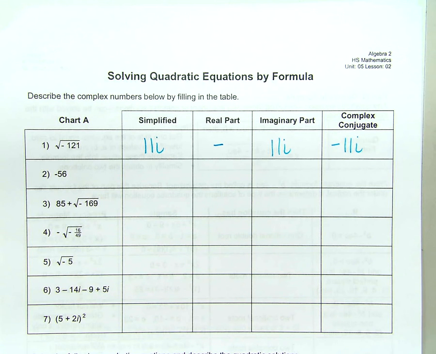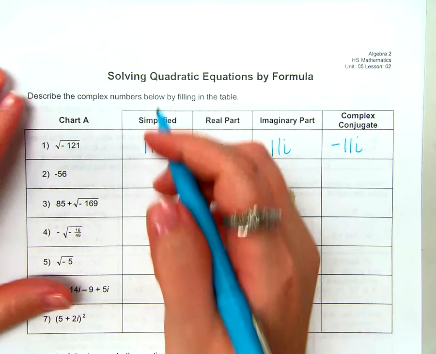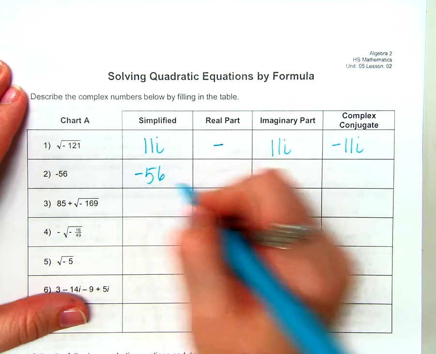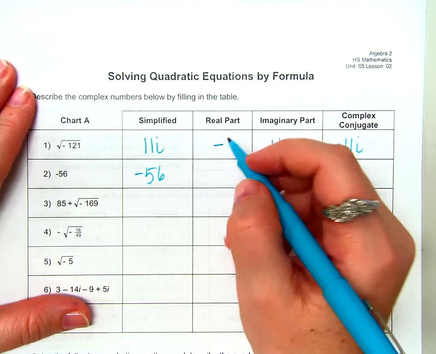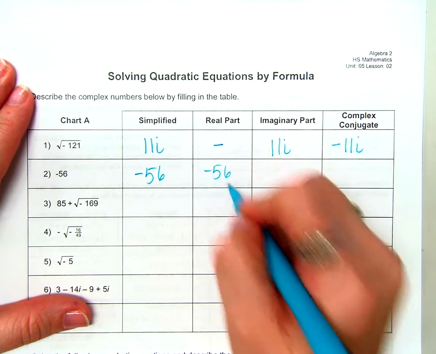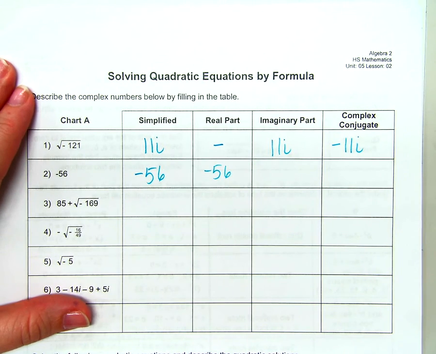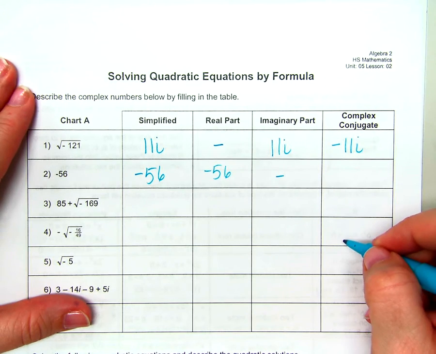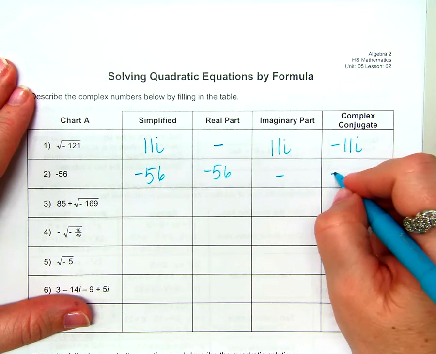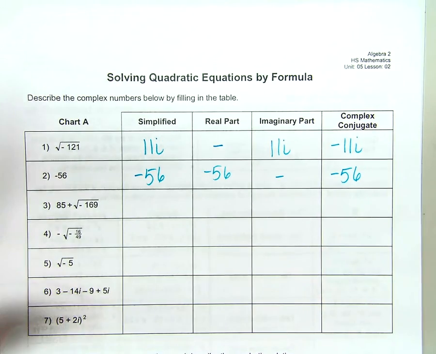Simplified is negative 56. What's the real part? Negative 56. What's the imaginary part? There's not one. It's still negative 56 because the only part of the number that changes sign is the imaginary part.